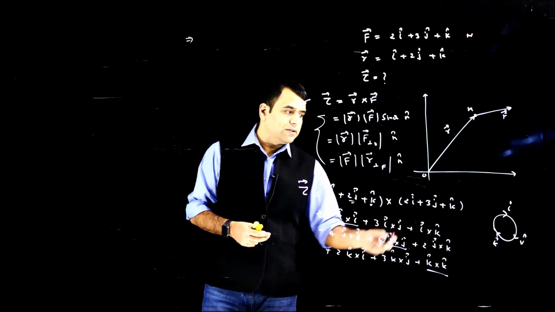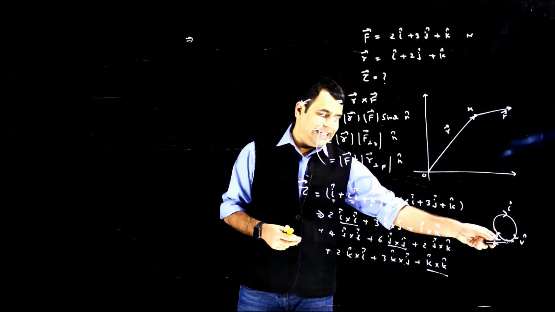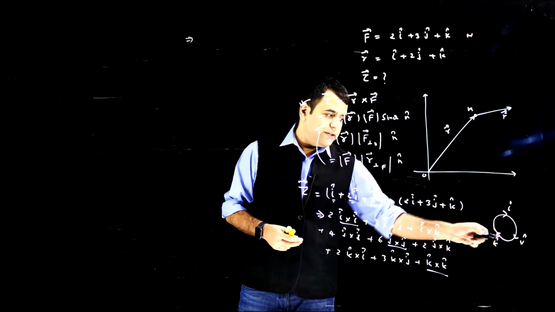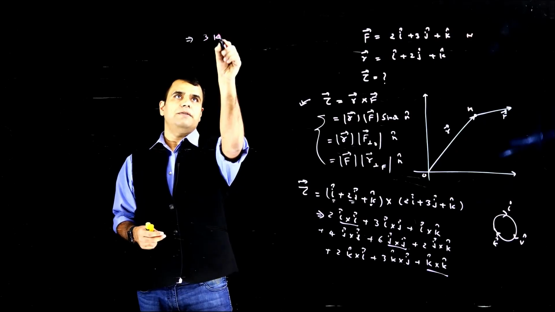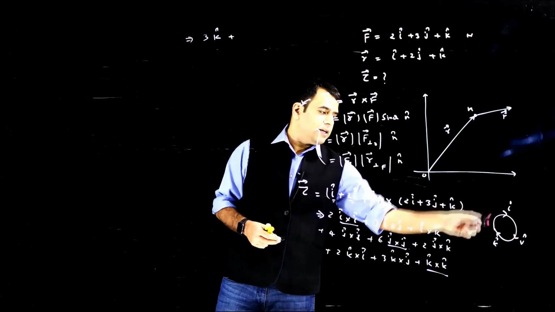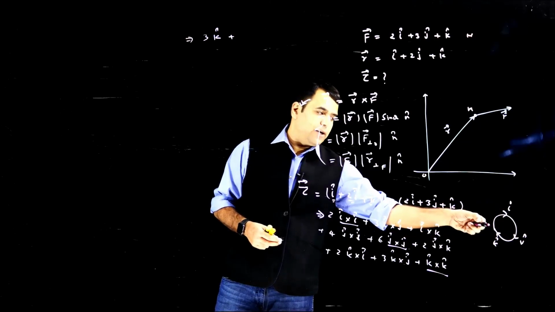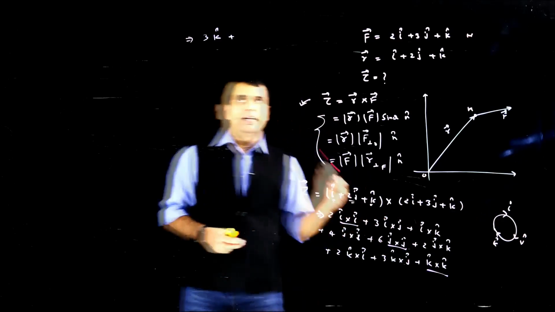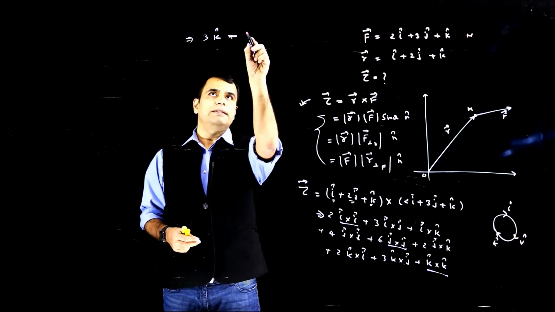Now I cross j: you are following the same direction of the arrow, so you will get positive k. That will become 3 times k cap. Then I cross k gives j, but since you are following opposite to the arrow, the j becomes negative. So this is minus j.